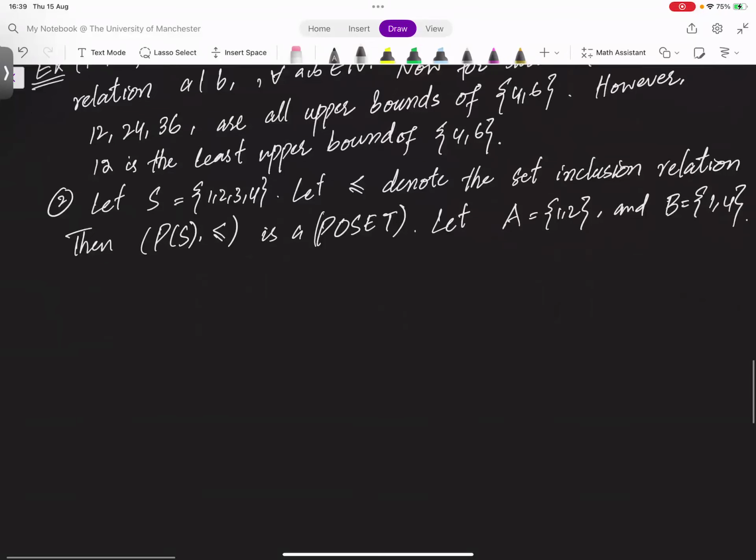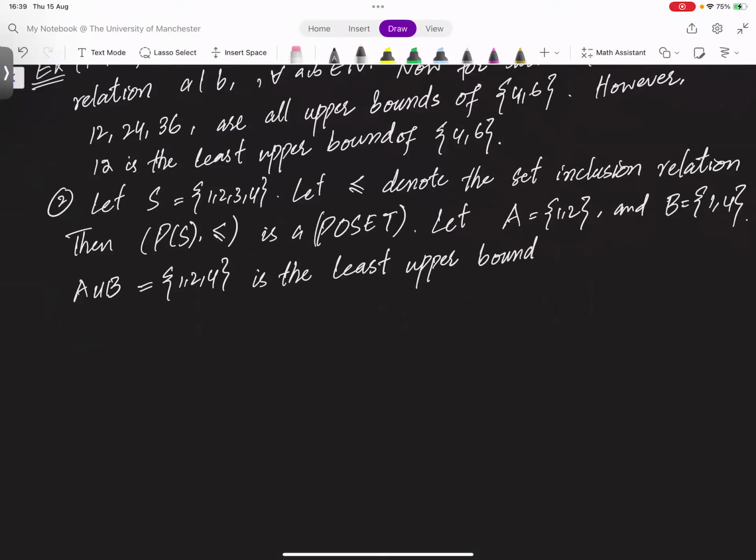Then their union, {1, 2, 4}, is the least upper bound of the set {A, B}, a set which contains both.